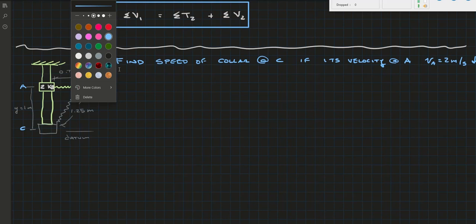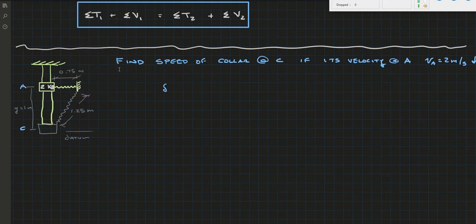So our delta in the spring, our change in length, is going to end up being 0.5 meters, which is just essentially 1.25 minus 0.75, the original length of the spring. So that's the unstretched length. We are missing a k, so let's put that in. k equals 3 newtons per meter.